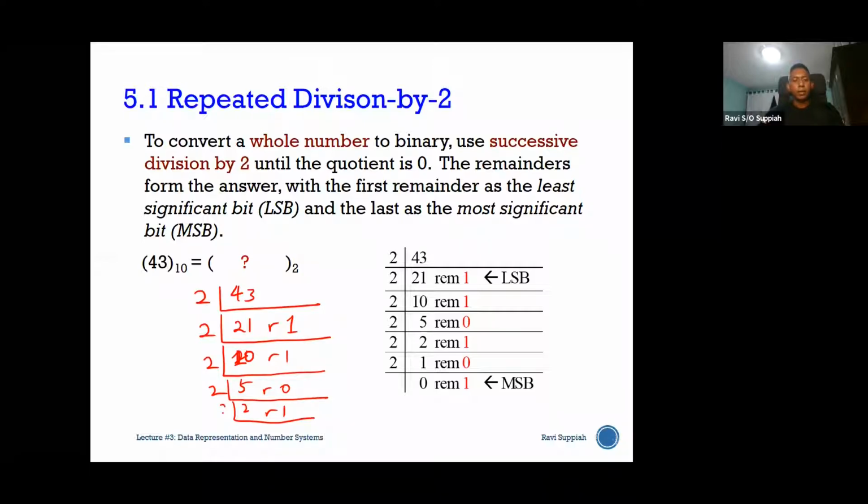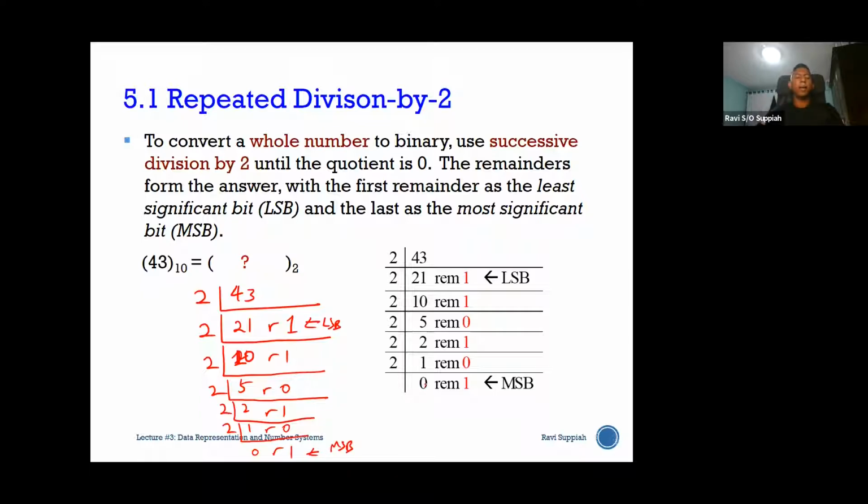Then I divide by 2 again, I get 1 remainder 0. And then I divide by 2 again, finally I get 0 remainder 1. So basically what you need to do is look at the remainders. The first remainder that you get is your LSB, least significant bit, and the last is your MSB, most significant bit.